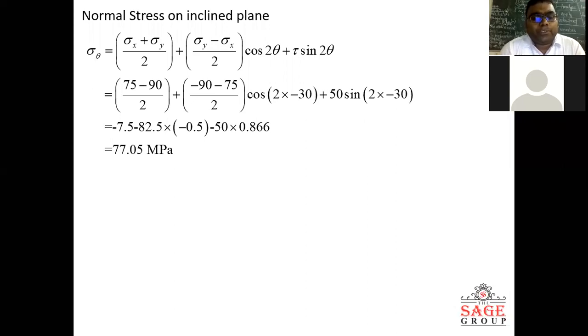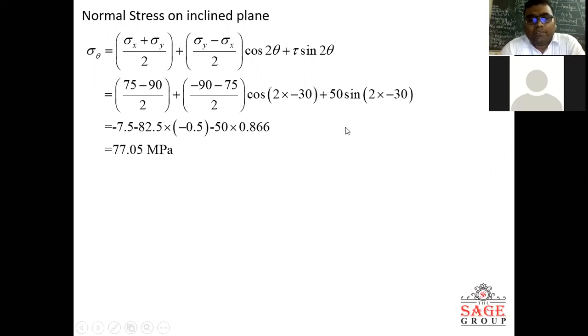Just put in all the respective values with their signs. You will get sigma theta as 77.05 megapascal. Here sigma y has a negative sign, so just put the negative sign here and here.